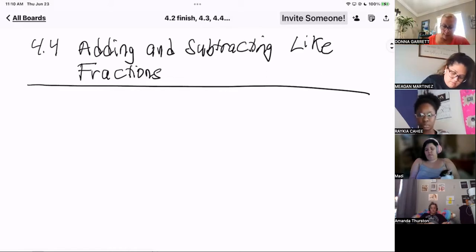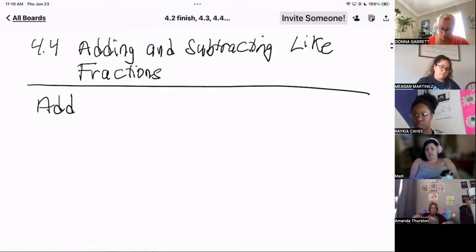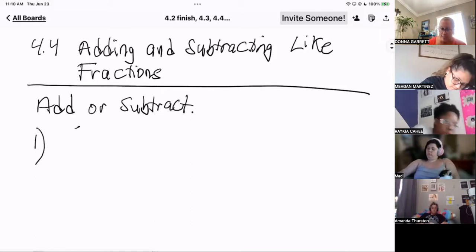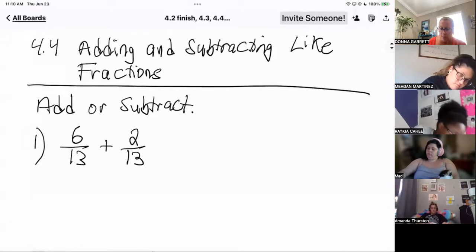So that means something like this, add or subtract. How do you add and subtract fractions? Well, here's an example. What is 6 over 13 plus 2 over 13?